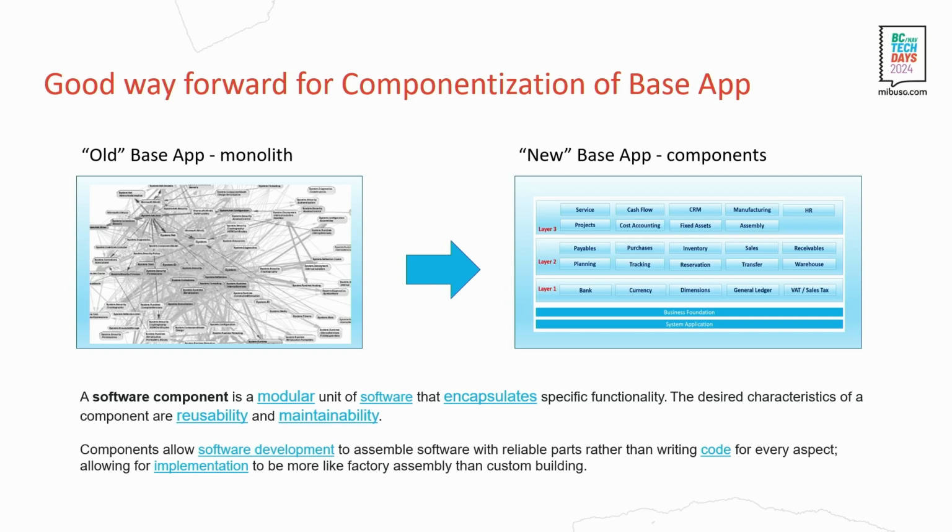And on the right side, this is just an illustration of a much better structure. If, for example, we are able to really build application components which can be reusable, which can encapsulate particular functionality, it will give us very well-defined interfaces for your extensions, for our extensions.